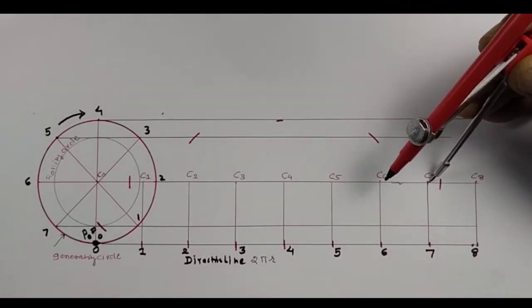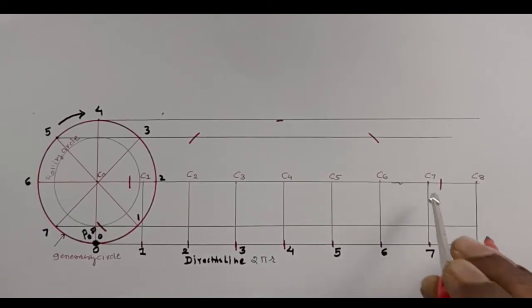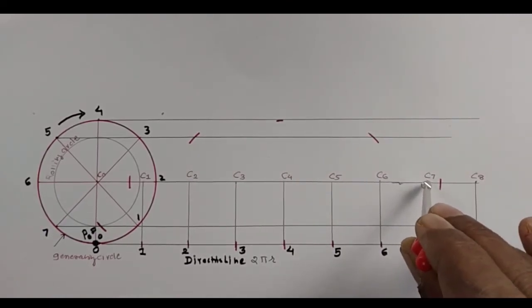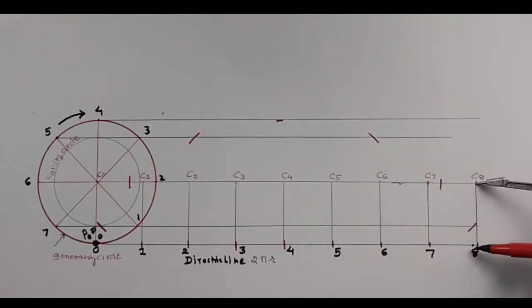Similarly, you choose C7 as the center and draw the arc on our 7 number line. Then from center C8 we get our P8 exactly on the line.